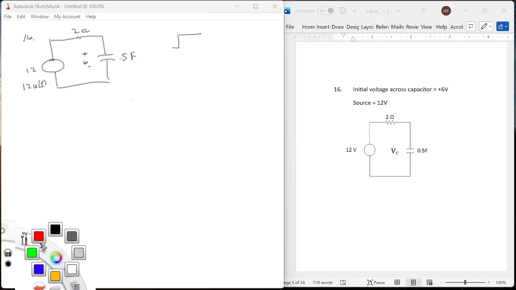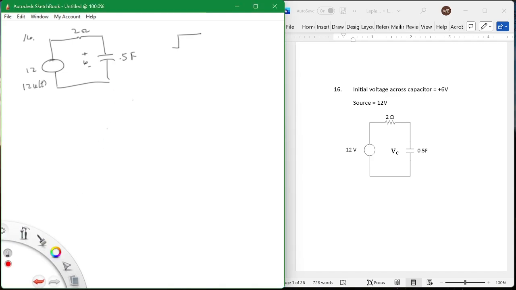And do the Laplace in red. So this would be a 1 over, this is 2 up here, and this would be 12 over S. And this would have a battery here, and that would be plus to minus. And it would be 6 over S. And this would be 1 over CS, or 2 over S for my resistance.